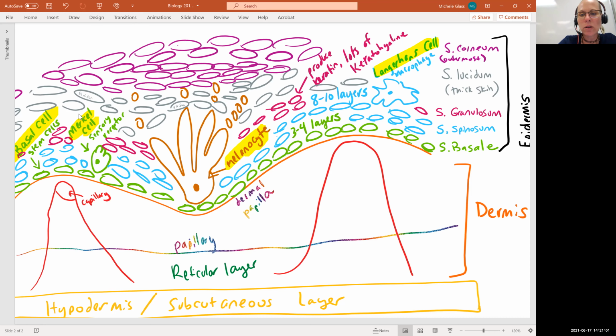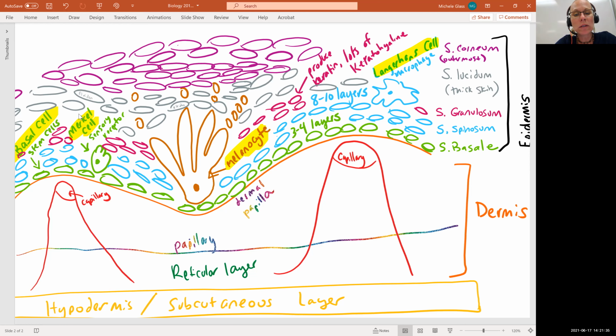One of the significances of these dermal papillae is that you're increasing the surface area between the dermis and the epidermis. So this is actually giving more blood supply to the epidermis than if it was two flat lines of tissue. The other benefit of these dermal papillae is it's a stronger connection. This interlocking between the epidermis and the dermis is a stronger connection versus if you just have two flat layers of tissue on top of each other.